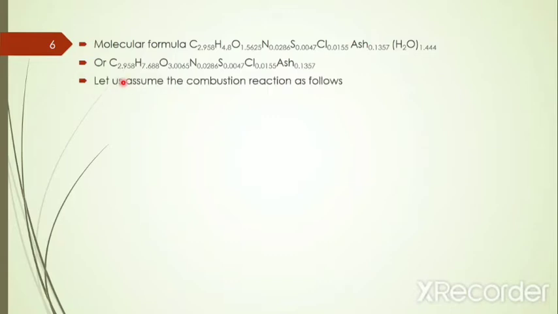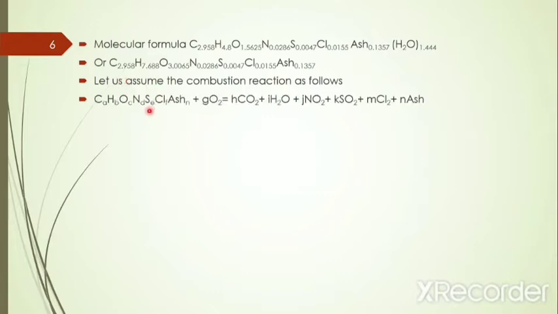Now what will be our combustion reaction? This is our biomass: carbon, hydrogen, oxygen, nitrogen, sulfur, chlorine and ash, plus G moles of oxygen. We don't know the stoichiometric oxygen requirement.